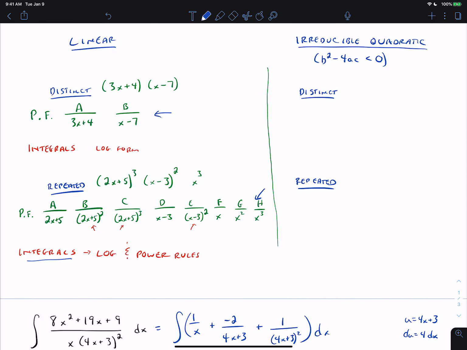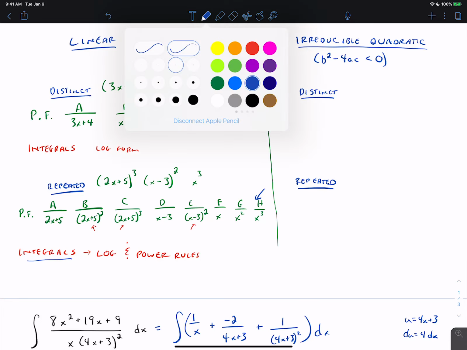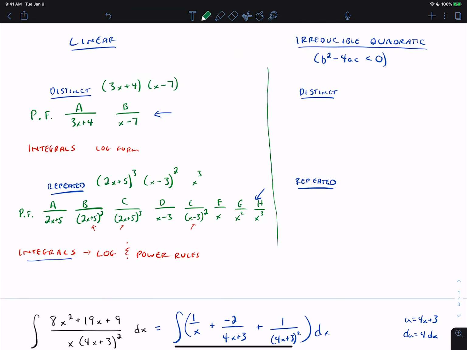Now, that's for linear factors. When we have irreducible quadratic factors, quadratic means that you have degree 2. That's going to happen when we have something like this. So if I have like x squared plus 9, we'll make that 16x squared plus 9. X squared plus 9 would also be a distinct, or I'm sorry, distinct quadratic factor.